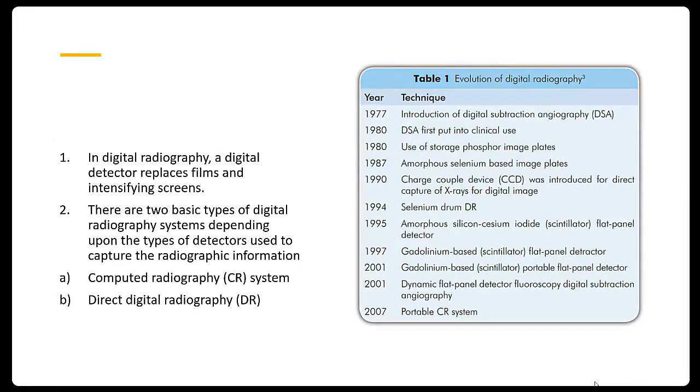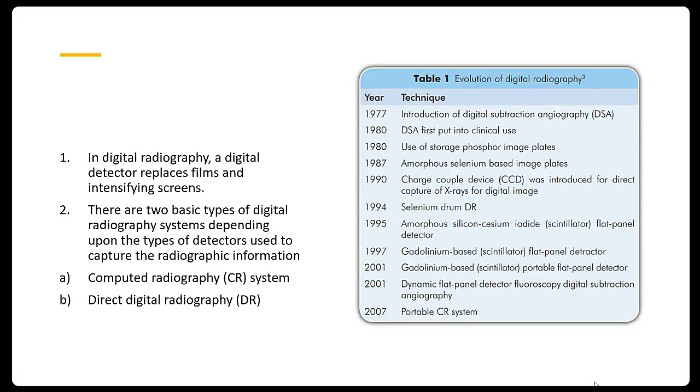Now, there are two types of digital radiography system depending upon the type of detectors we use in the capture of radiographic information. So, digital radiography can be broadly divided into two types. There is computed radiography system and there is direct digital radiography system.